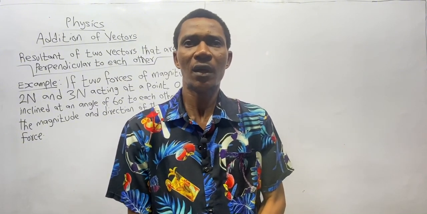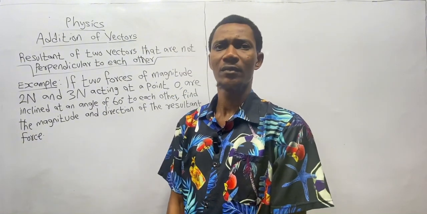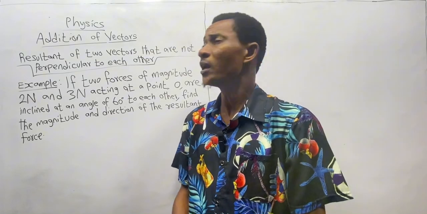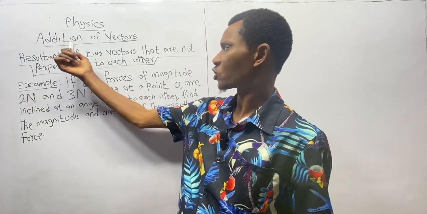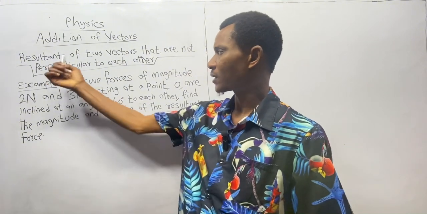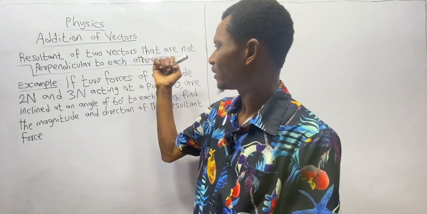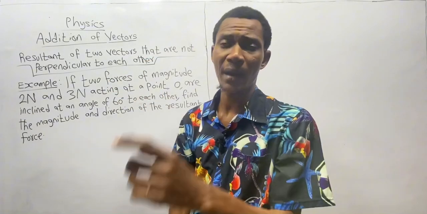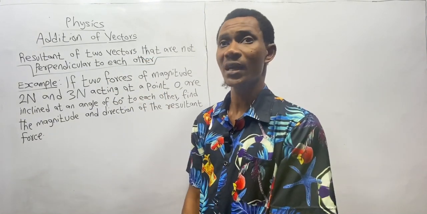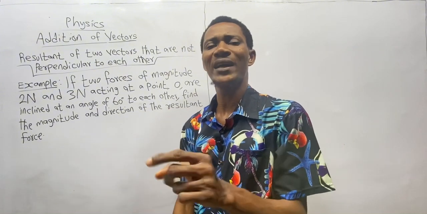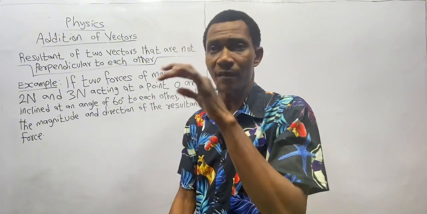Having said that, for today, we'll be looking at part 3 in the scalars and vectors series, which happens to be the continuation of addition of vectors. This time around, we'll be looking at the resultant of two vectors that are not perpendicular to each other. If you remember, in part 2 of the scalars and vectors series, we talked about the resultant of two perpendicular vectors.